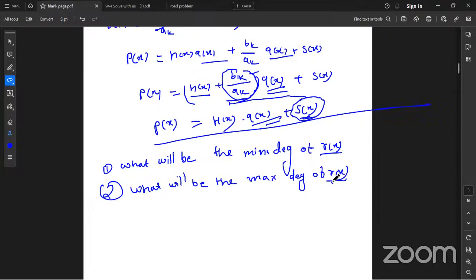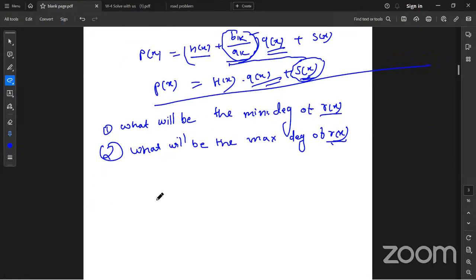So the minimum will be strictly less than Px, and the maximum will be equal to or less than Qx. I'm just asking, for any general polynomial, what will be the minimum degree? 0. So here, is there any constraint on the minimum degree of this Sx?